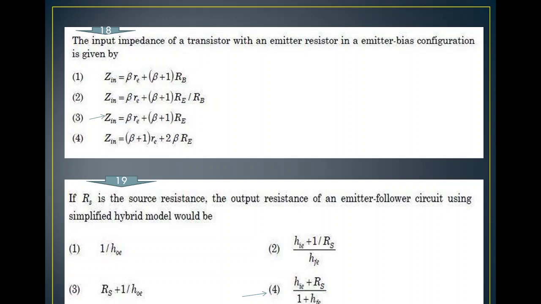If Rs is the source resistance, the output resistance of emitter follower circuit using the simplified hybrid model would be, and the option first, 1 upon HOE, second option HIE plus 1 upon RS upon HFE, third option RS plus 1 upon HOE, fourth option HIE plus RS upon 1 plus HFE, and the correct option is fourth, that is HIE plus RS upon 1 plus HFE.